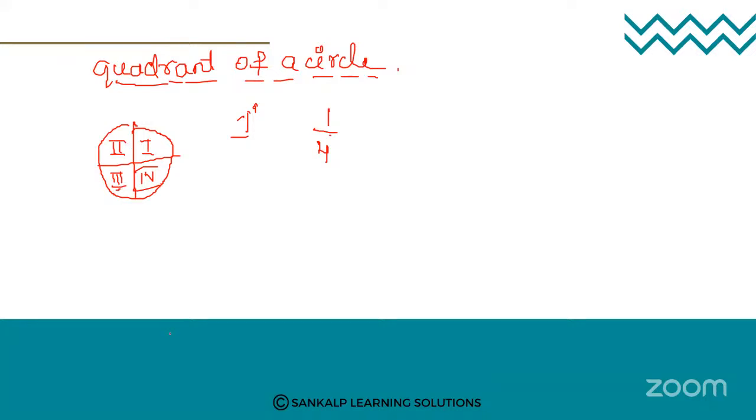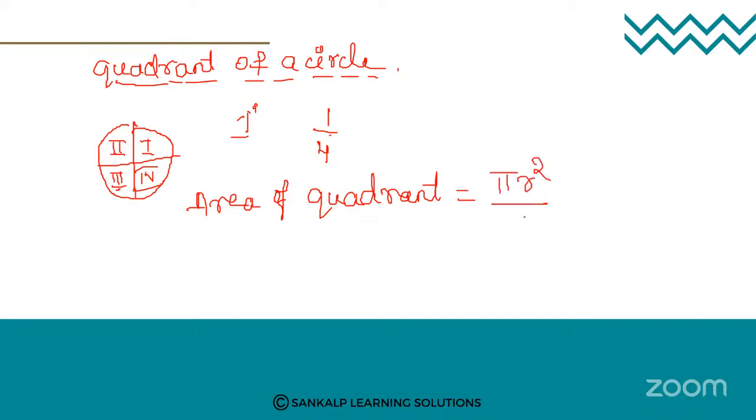Then how are you going to find out the area of a quadrant? Total area of the circle is pi r square, divided by 4. This is the area of the quadrant, remember.